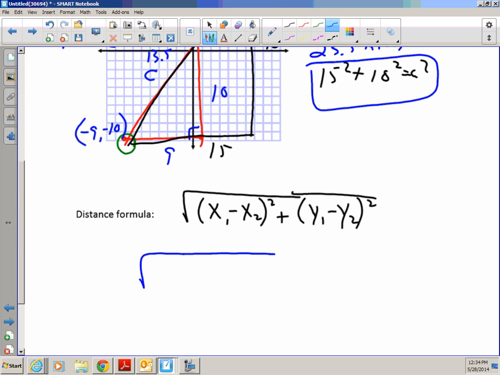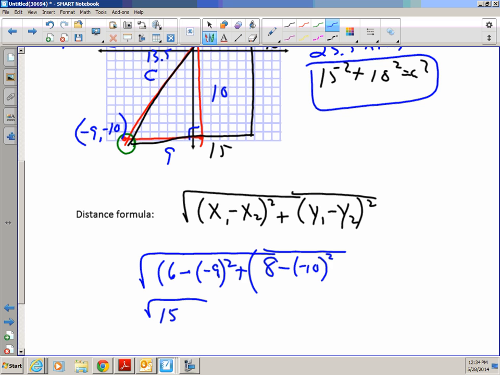So we would do 6 minus -9 squared plus 8 minus -10 squared, and there we would be with our 15 and our 18. Remember, when you're dealing with distance, distance always has to come out to be a positive number. So you should not be getting a negative distance.